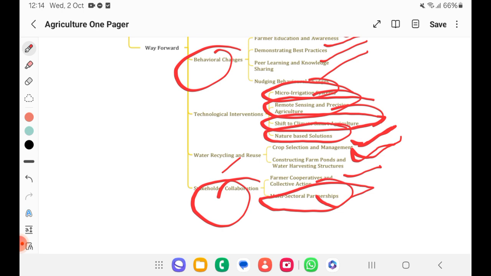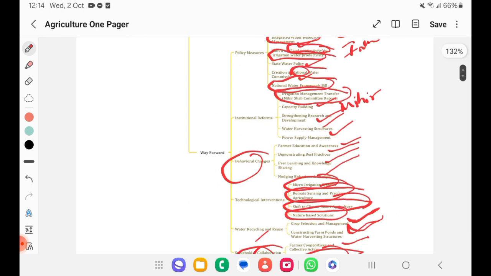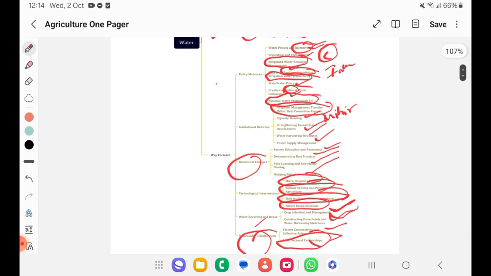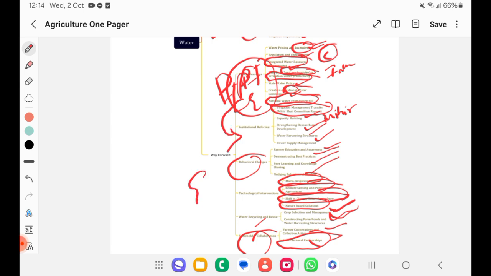If you forget the points, you can go like this. In the subject of polity, you talk about policy and enforcement. What kind of policy do we need? A holistic or integrated policy approach. For that we have a bill called the National Water Framework Bill. So policy and institutional points you can mention here. Later you can talk about ethics: behavioral changes.